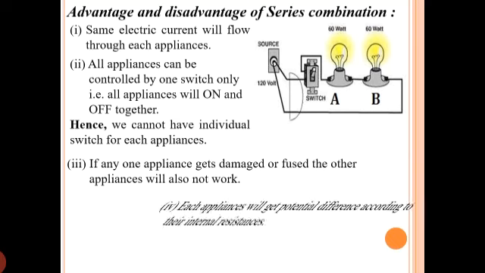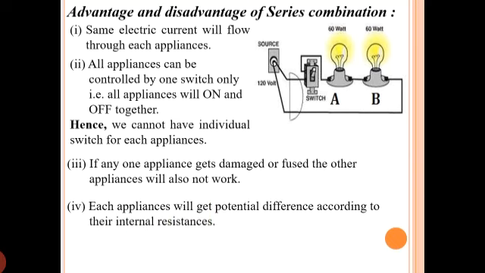Another disadvantage. Fourth one, each appliance will get a potential difference according to its internal resistance. We know in the series combination the potential difference across each resistor may be the same, may be different also, because the potential difference gets distributed.